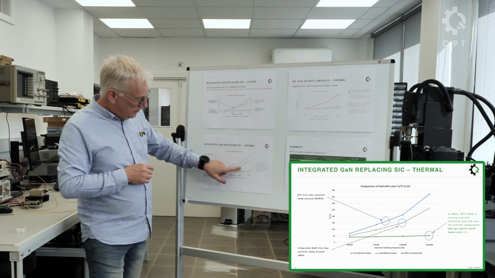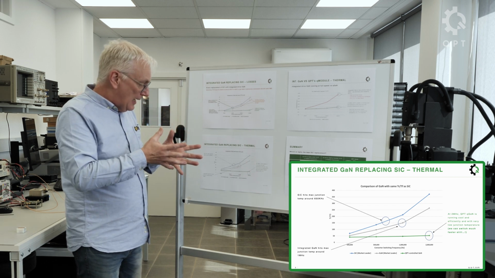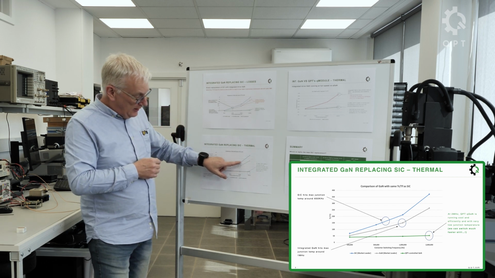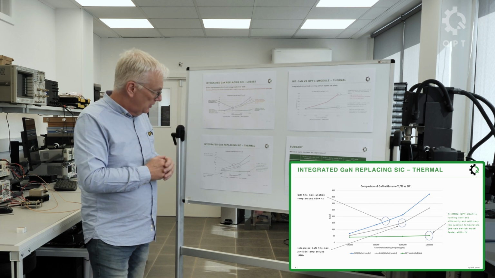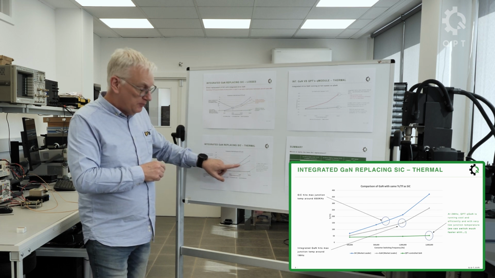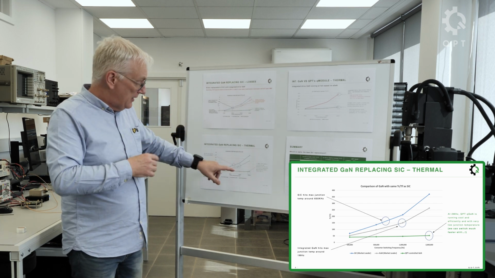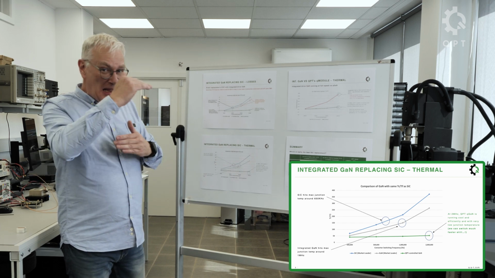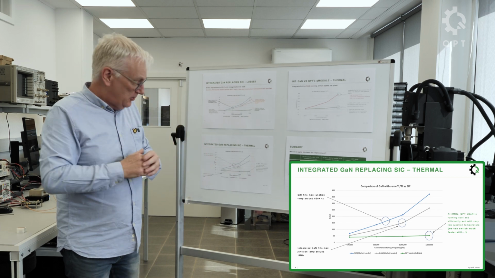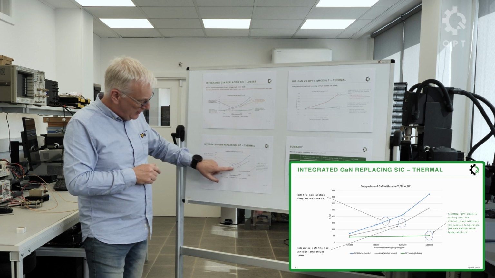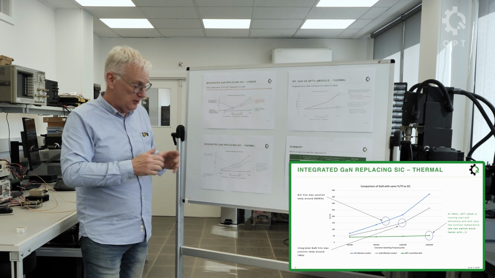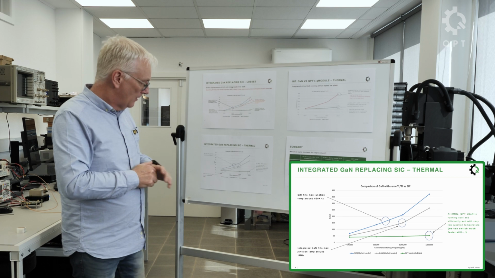Whereas the controlled edge speed GaN solution, it's got slightly lower losses because it doesn't have the diode. So it can get up to about 1 megahertz before it hits its junction temperature. But remember, that's the point at which it's at maximum temperature. It can't operate as a switch anymore. So it can really only work at maybe 500 kilohertz in reality.